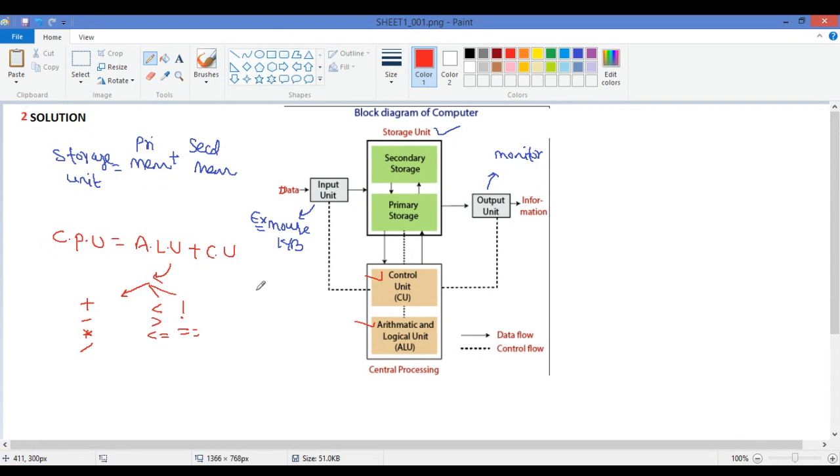Now the control unit is the brain of the CPU. It controls fetching an instruction, decoding an instruction, and then executing it. For executing, the control unit will send to the ALU. For fetching, it will give signals from where to fetch. Decoding will be done by the control unit. All that kind of stuff will be done by your control unit.